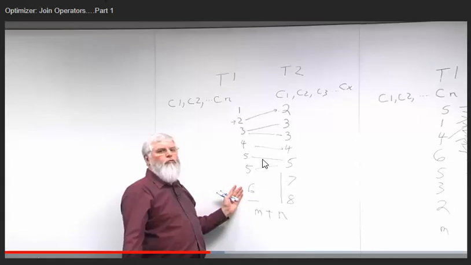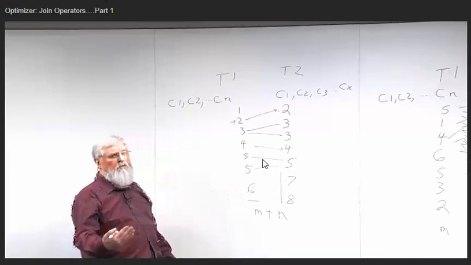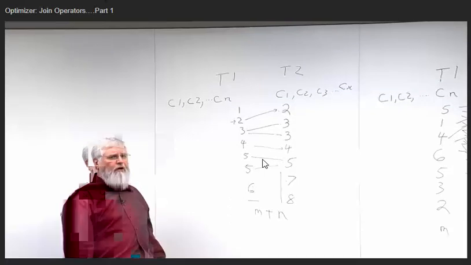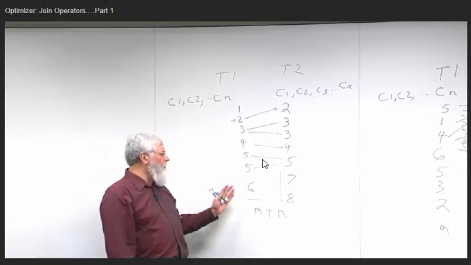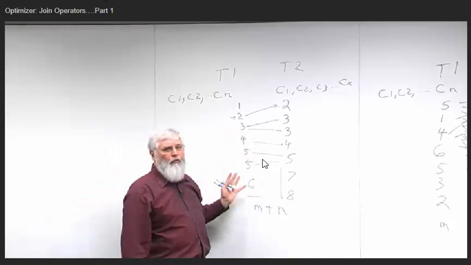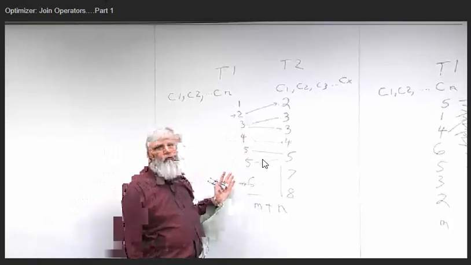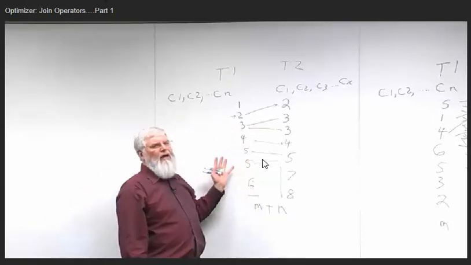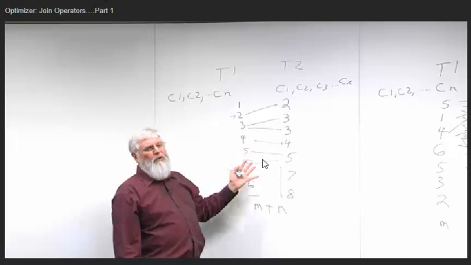So if this is the sort merge operation, we sort both sides first and then merge them. If we have large volumes of data, we don't want to do it. Is there a way we can do it with large volumes of data without sorting the data? And the answer is yes.